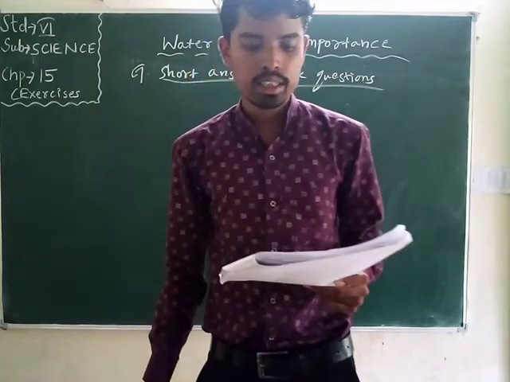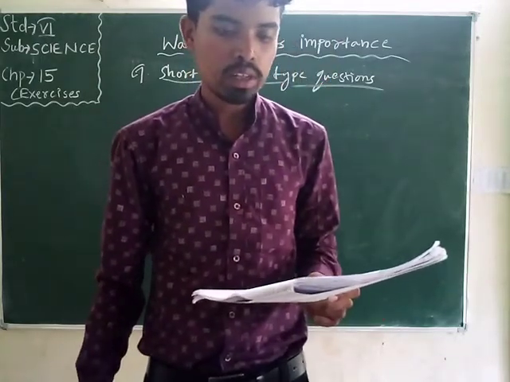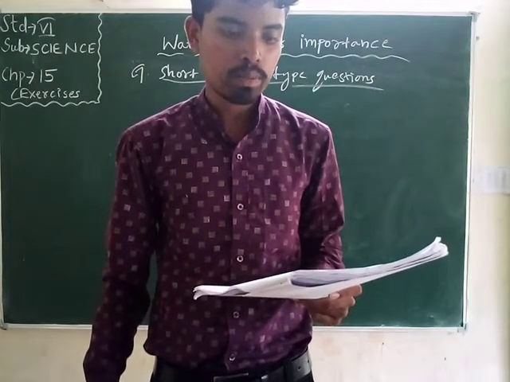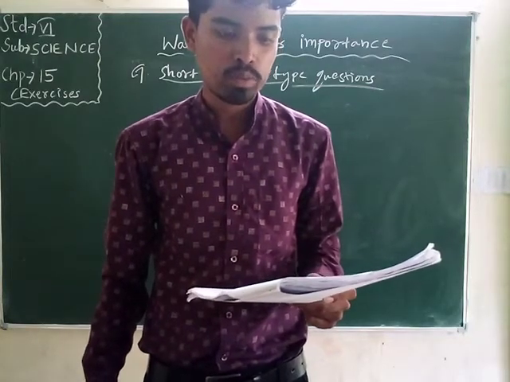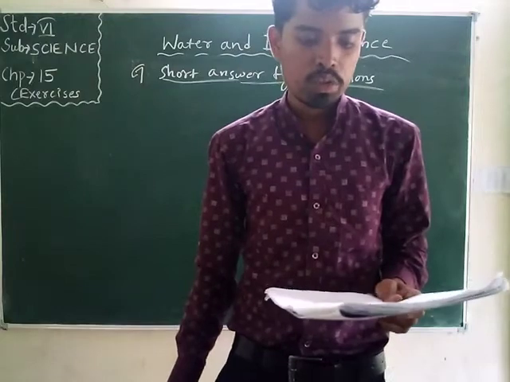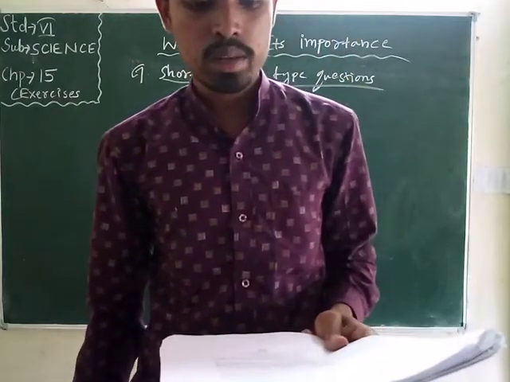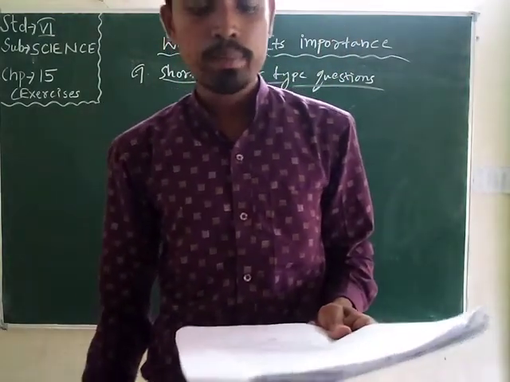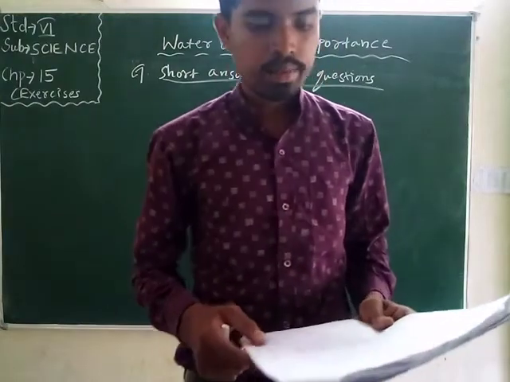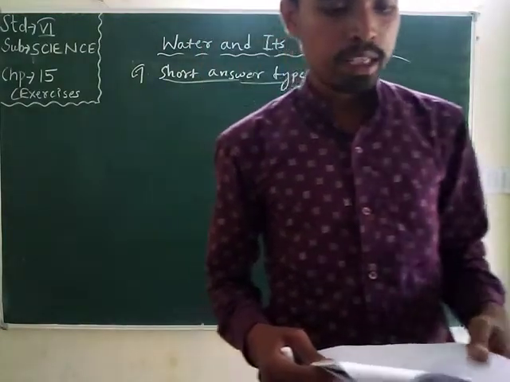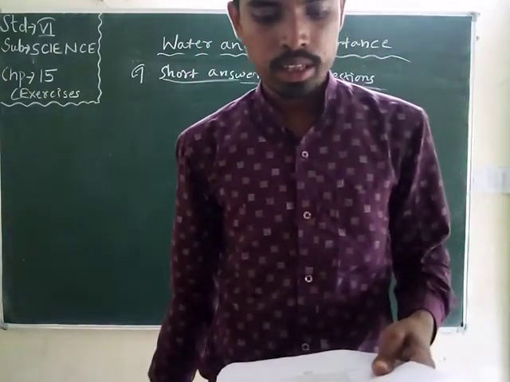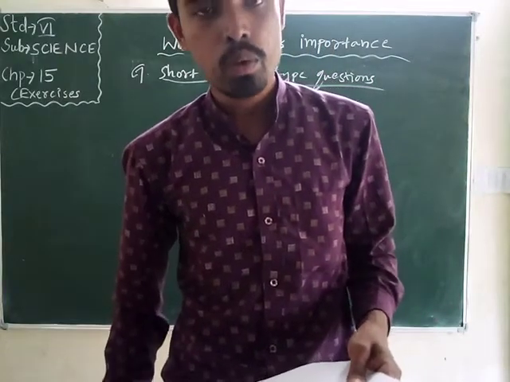Okay. And these vapors then cool down and form clouds in the upper regions of the atmosphere and further move up, cooling to each other due to the process of condensation forming a bigger cloud. Okay. And then at last precipitation takes place, that is, rain falls down.